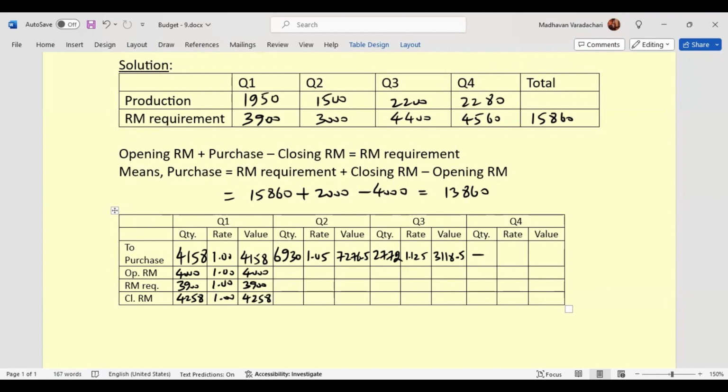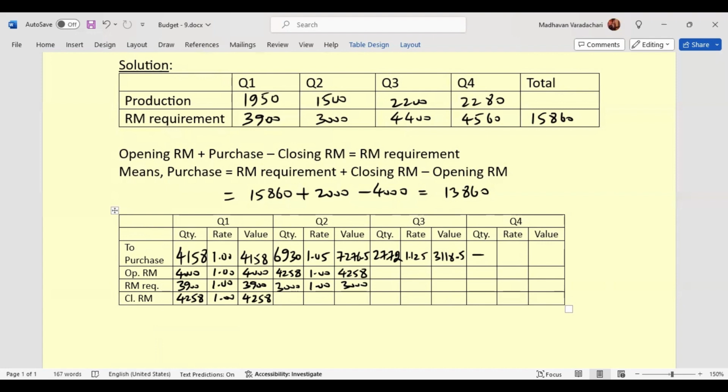Then here, opening raw material will be the closing raw material here, which is nothing but 4258 at 1 rupee, 4258. Raw material requirement for second quarter will be 3000. And since it is issued on FIFO basis, opening raw material, whatever is available, that will be issued, at 1 rupee. So we get 3000.